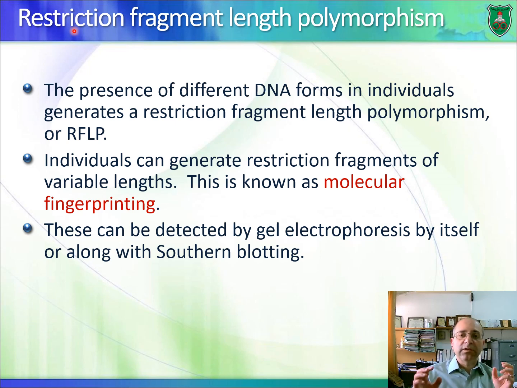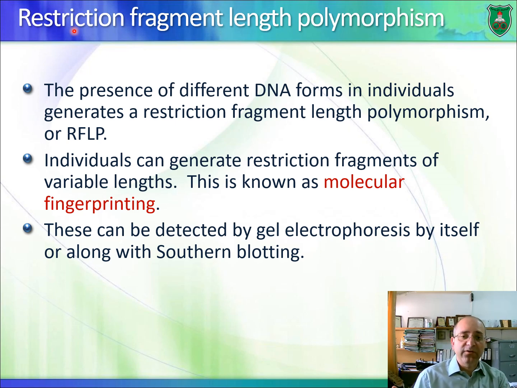Okay, so let's say that I take DNA from 2 individuals and I add a restriction endonuclease to the first person's DNA, and the same restriction endonuclease is added to the DNA of the second person.